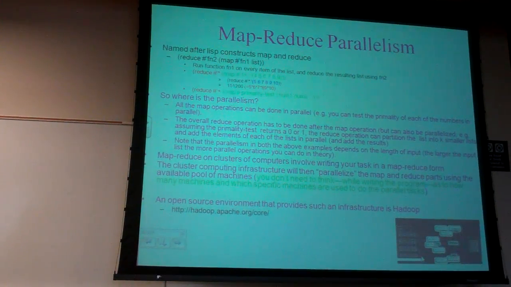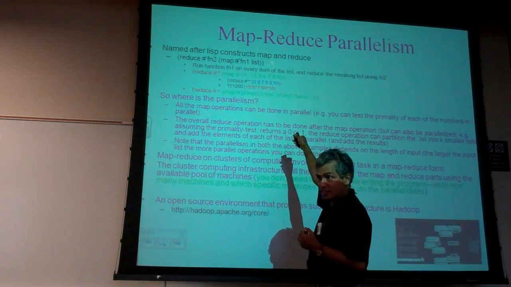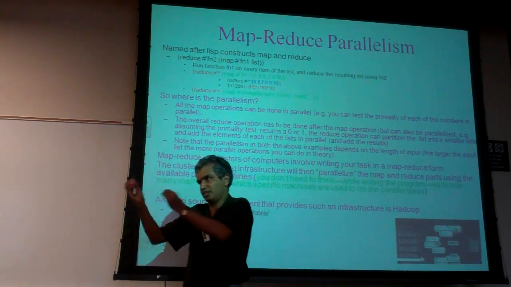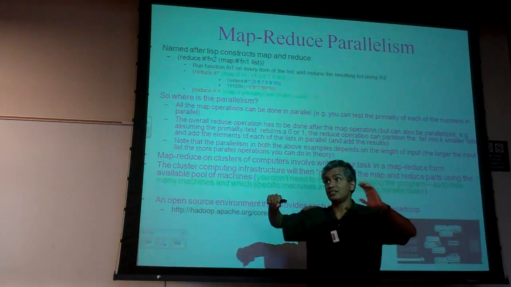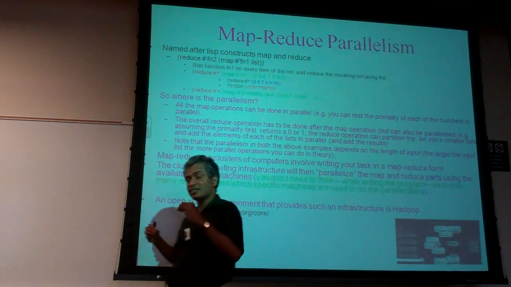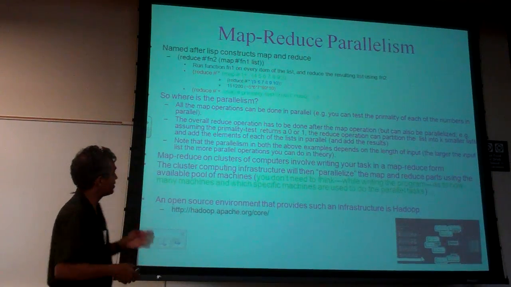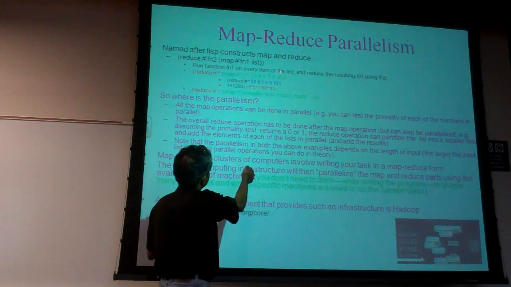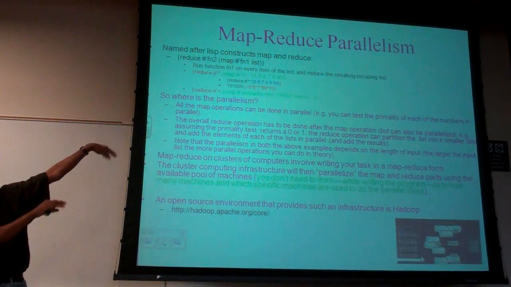In the map part, what I'm saying is, map this function into this list of data. So apply this function to each sublist of this list. And then what I will get out of the map is a list of processed data. Then the reduce part would apply a function to that entire list of returned data. As an example, suppose I have the list of data 4, 5, 6, 7, 8, 9. By the way, this is Lisp. If you have Lisp running, you can type this in, it will work.